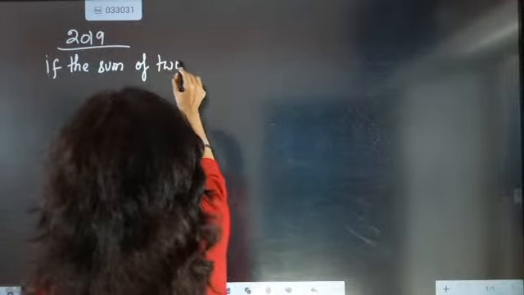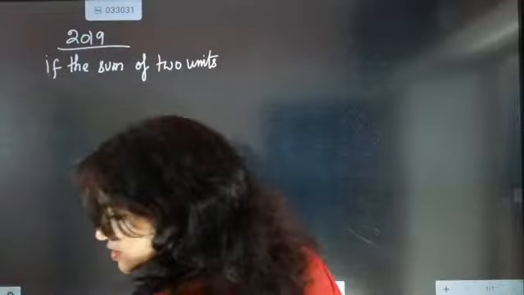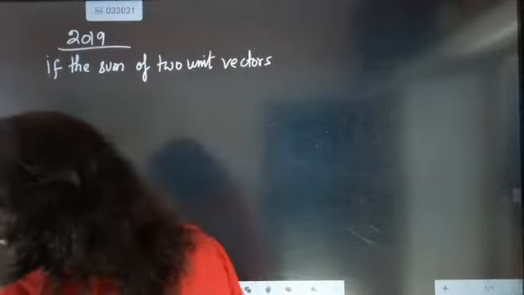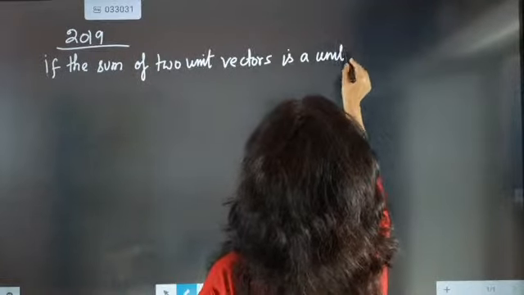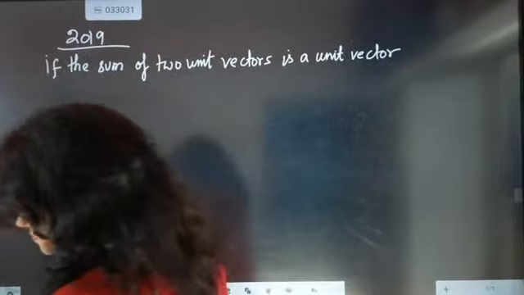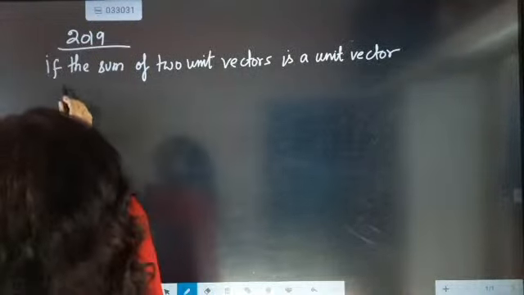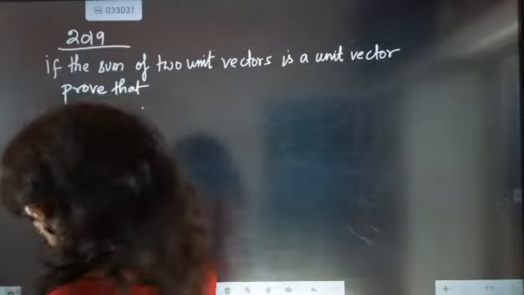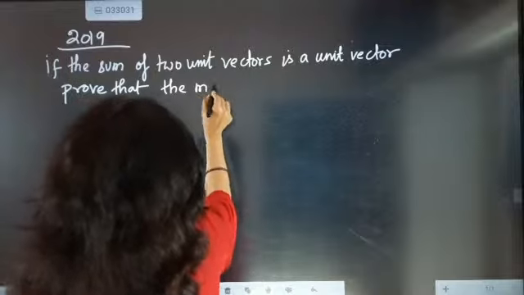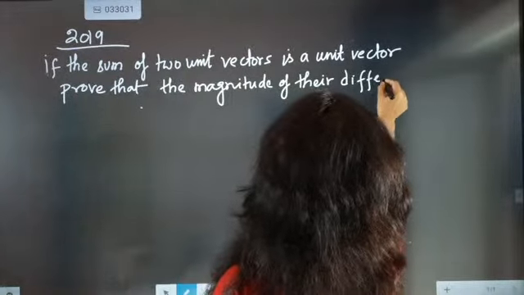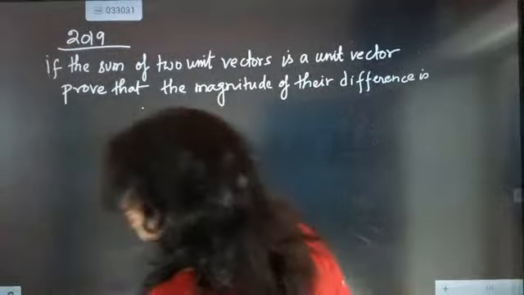If the sum of two unit vectors is a unit vector, prove that the magnitude of their difference is root 3.